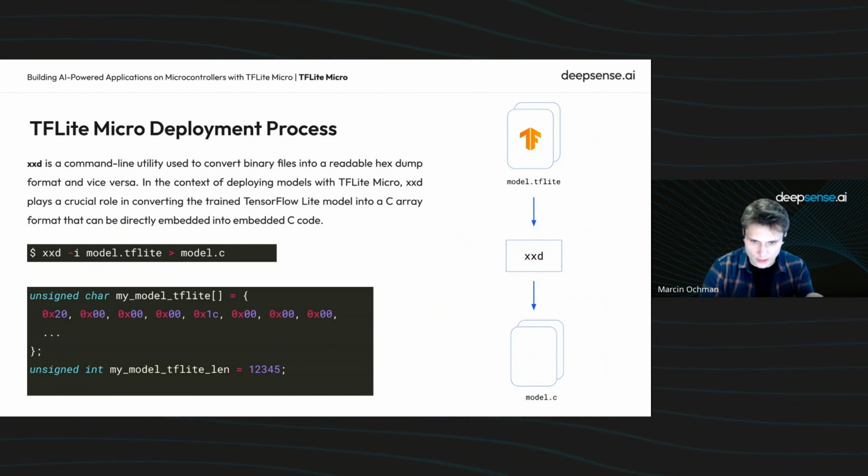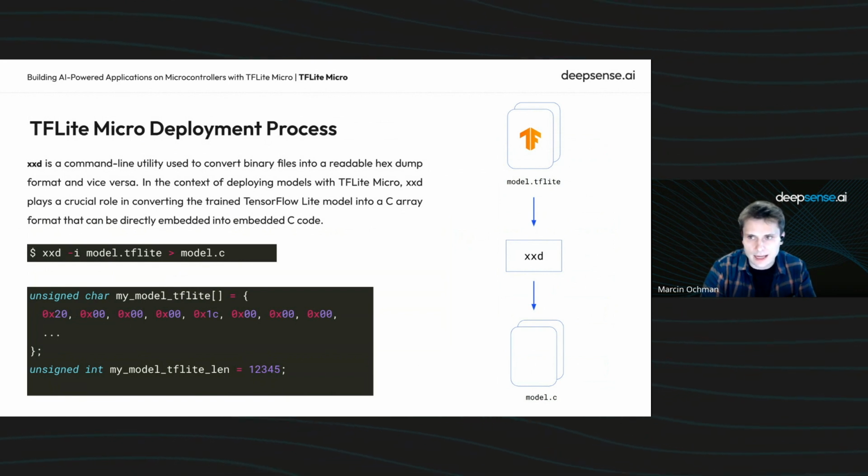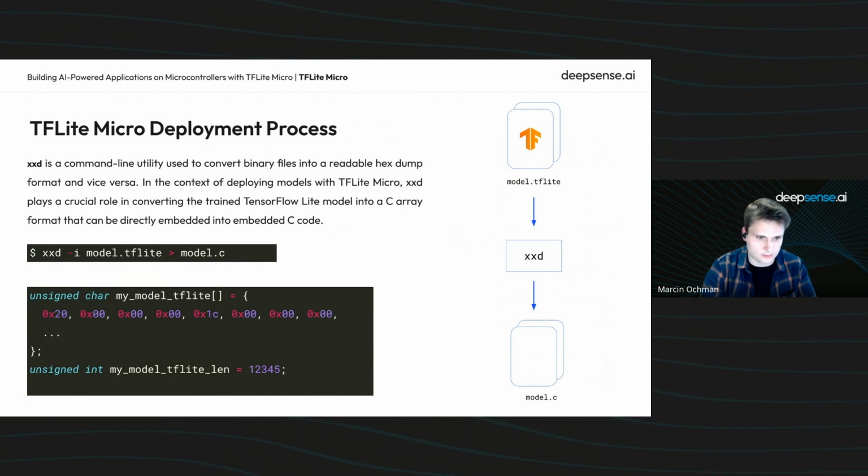The command converts the binary file into a C source file, which defines the model as a constant byte array. This is necessary because microcontrollers lack traditional file systems, so the model must be stored in program memory. The resulting model C file contains an array definition like this.